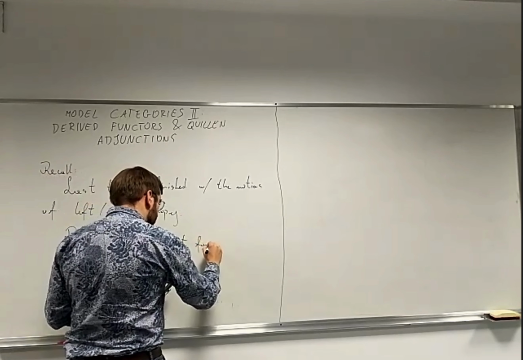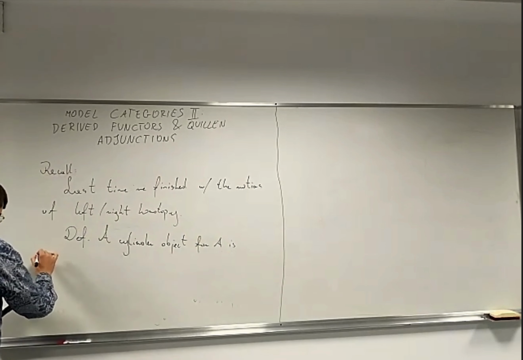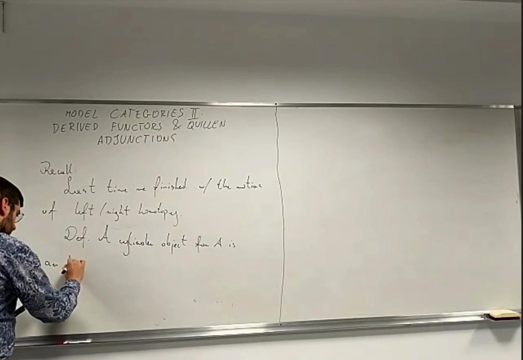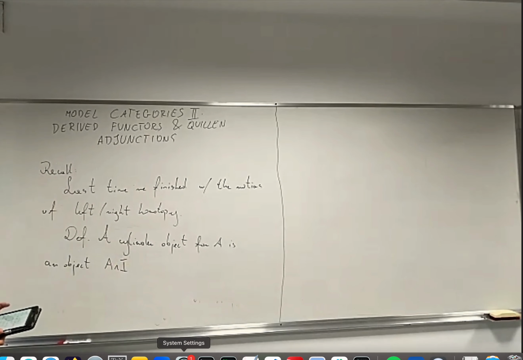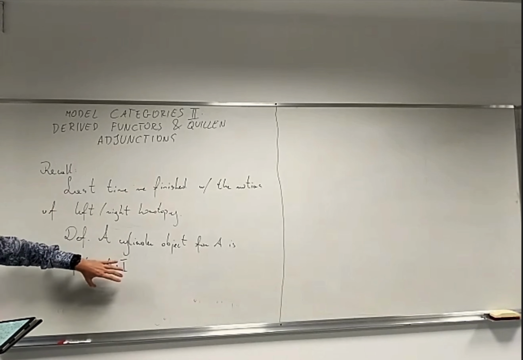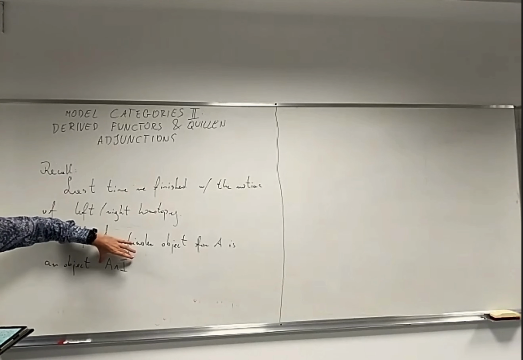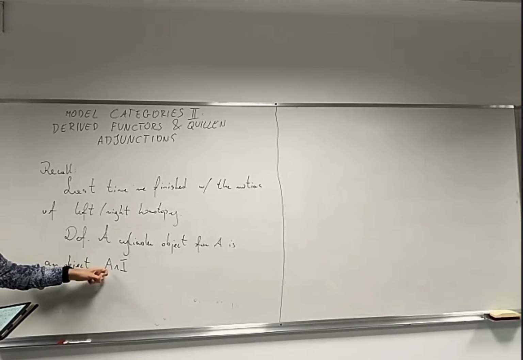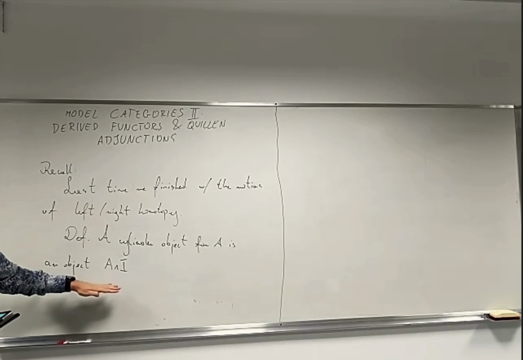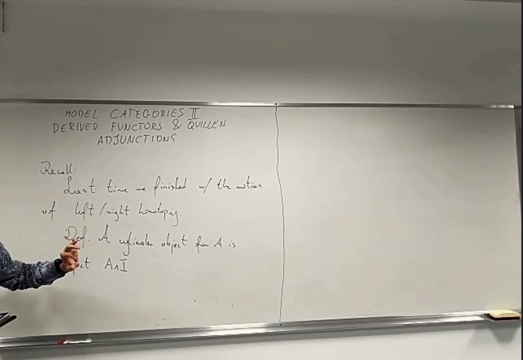for A is an object A smash I. Here I should also make a remark. We treat A smash I only as a notation. It is in particular, in any model category, a cylinder object doesn't have to be a product of anything with anything.